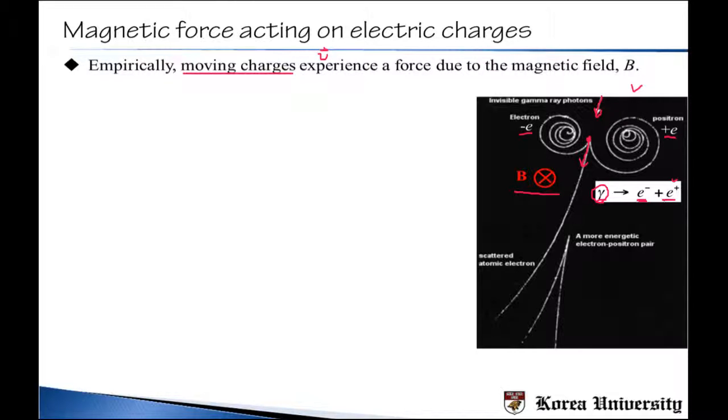So let's consider positron first. It looks like it's almost doing a circular motion, right? So its velocity originally along this direction is changing. For example, over here it is going like this, and here it is going like that. These are the velocity vectors, and it's almost doing a circular motion.